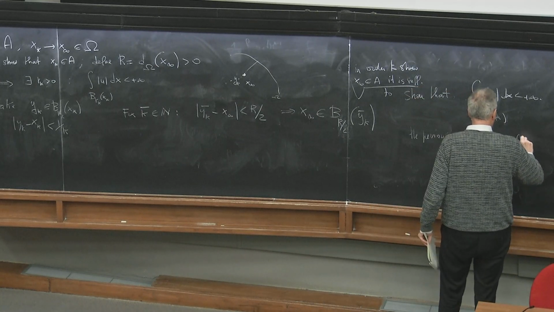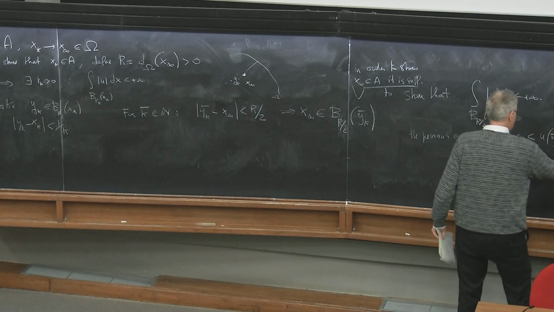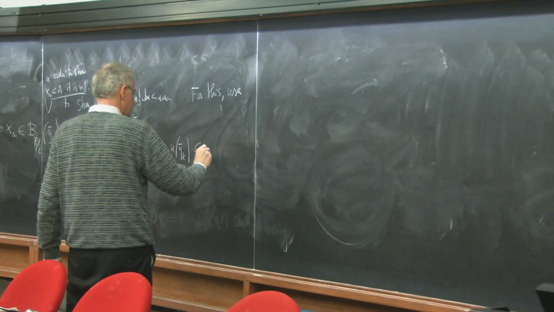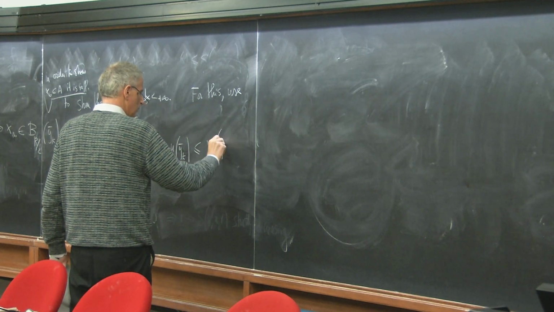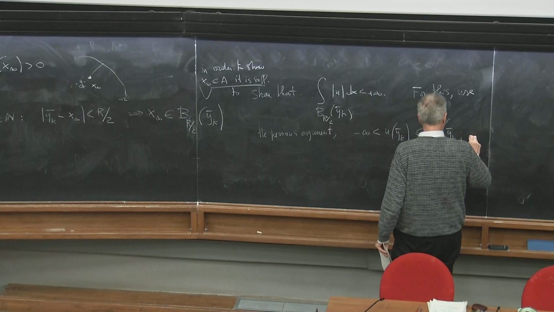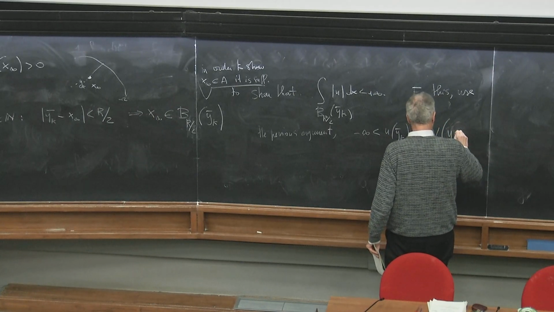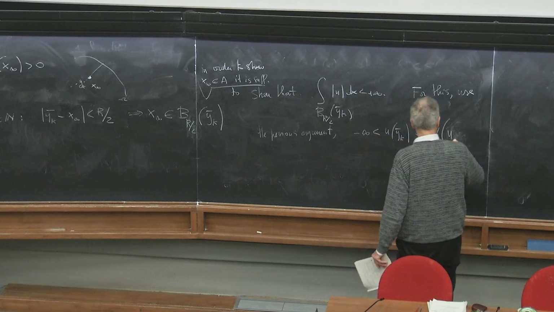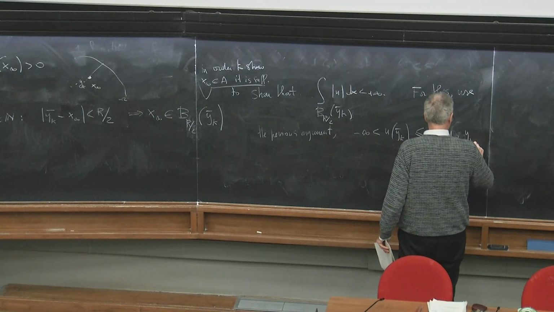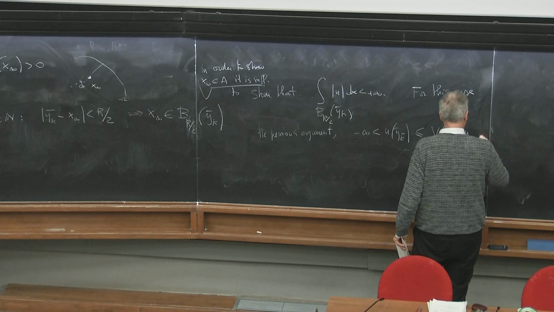Then this is less than or equal to the mean value formula at yk bar, r over 2, of u.